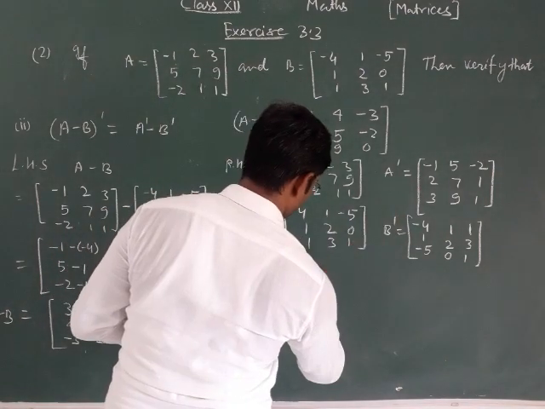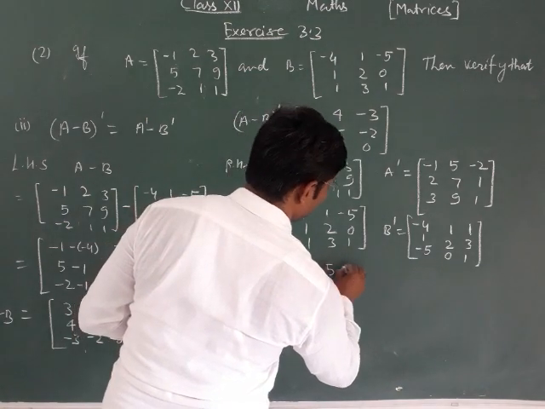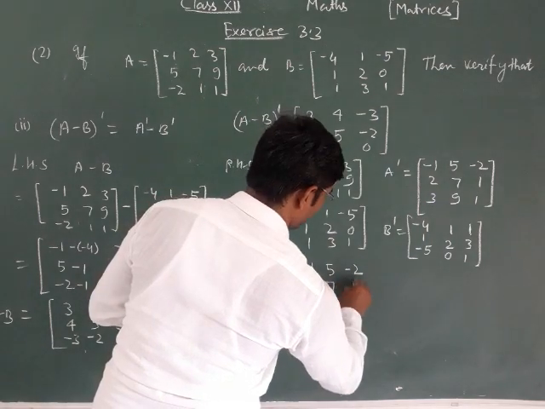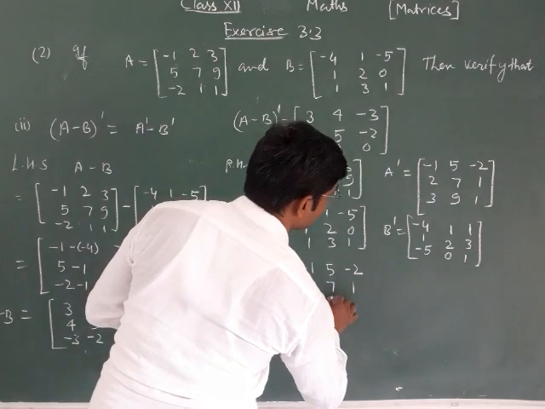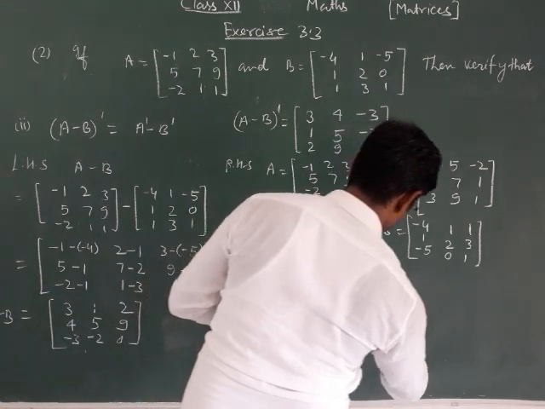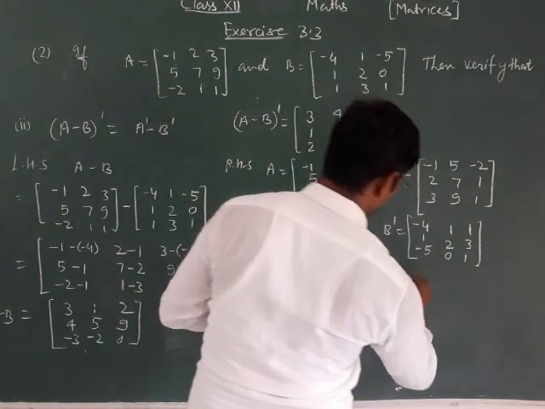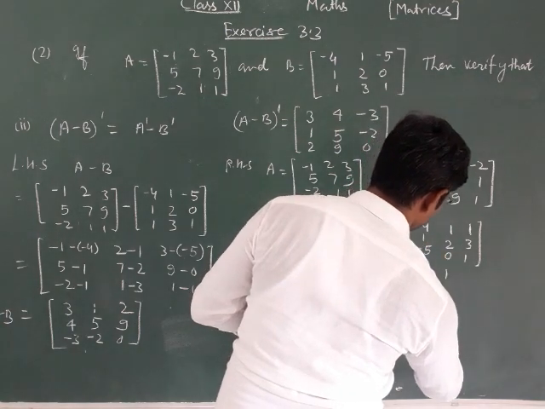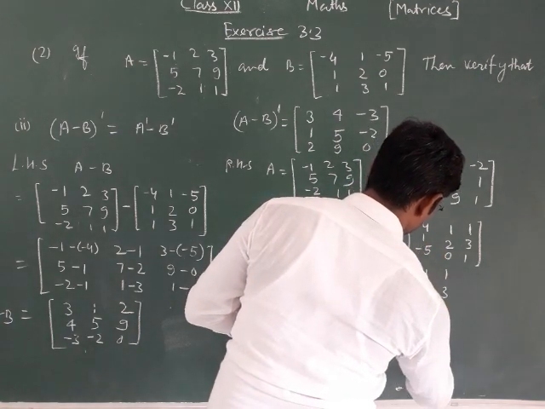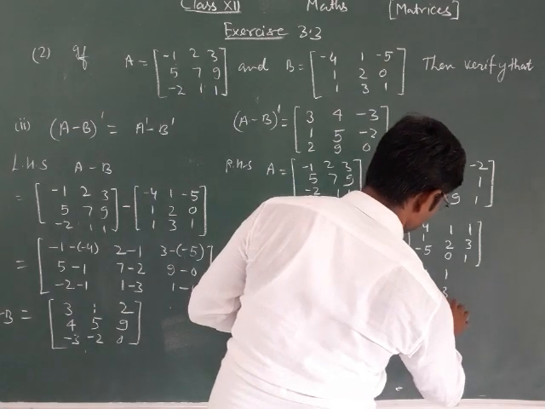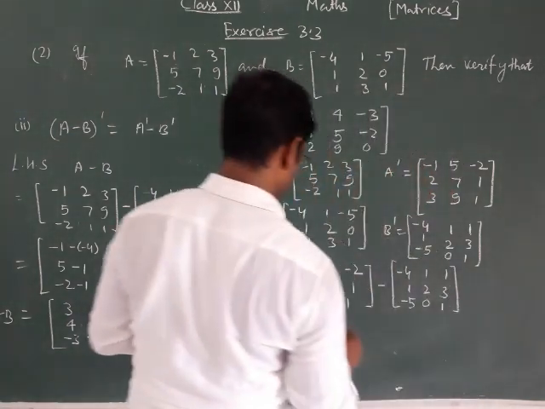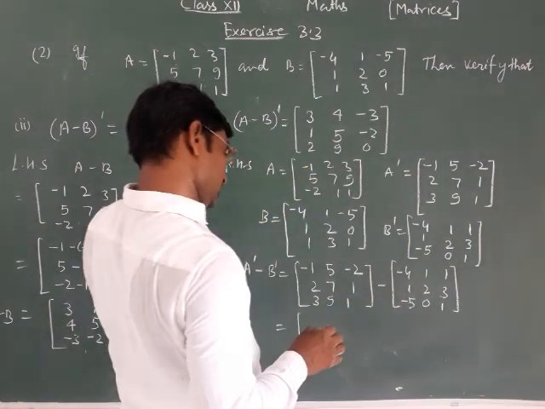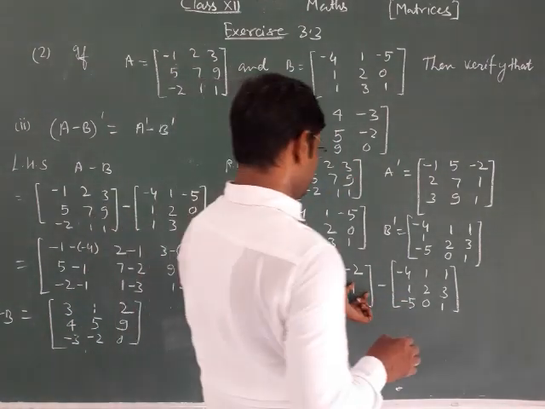So now transpose of A minus transpose of B is equal to, this is A dash minus 1 5 minus 2 and 2 7 1, 3 9 1, and also minus B dash, minus 4 1 1 and 1 2 3, minus 5 0 1. So now the order is the same, so given matrices are subtracted.